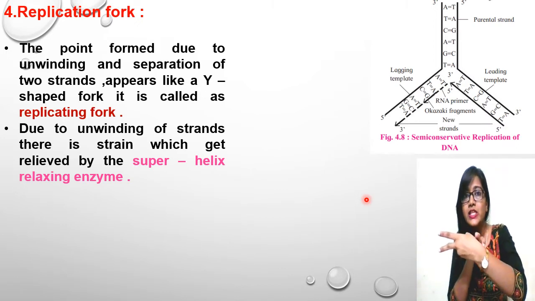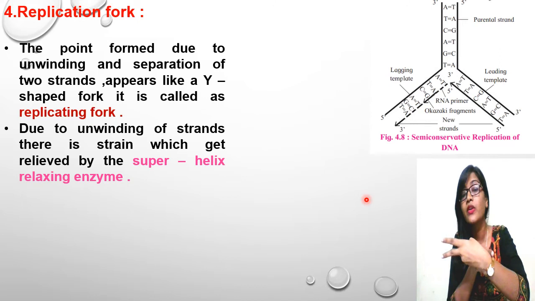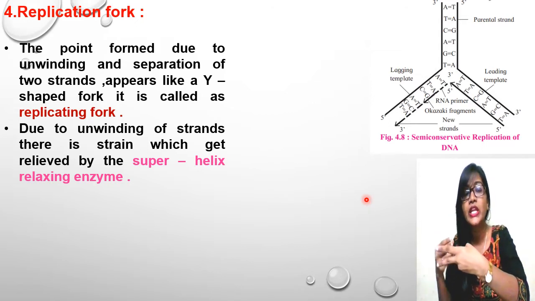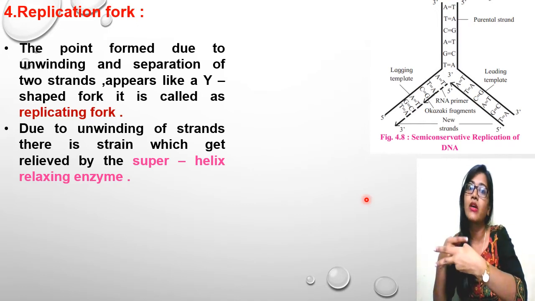But at this certain point where the replication is not occurring, the DNA is supercoiled, or at this distance the strain can get increased, or the twisted structure can get more twisted, the tension can get increased at this point.